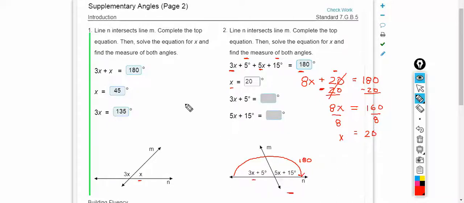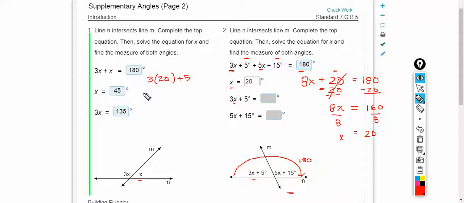So now we have to substitute the X here. We know that X is 20, so we're going to take that X out, put in a 20 plus 5, and find out what that is equal to.